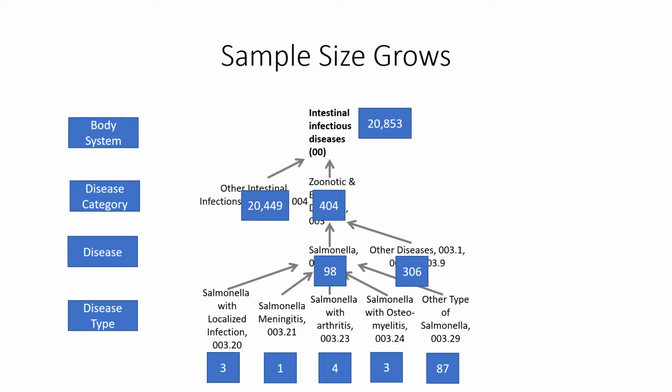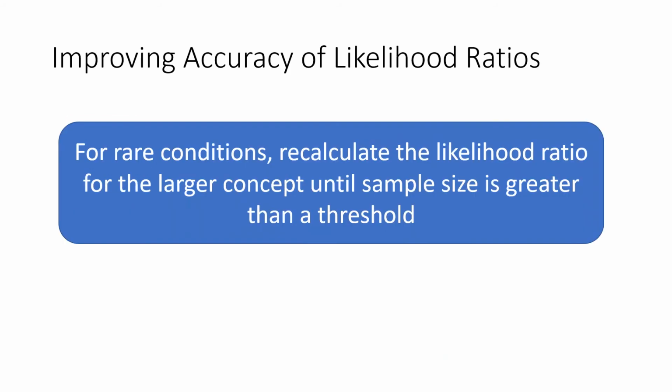If we go all the way to the body system, intestinal infectious diseases, we now have 20,853. For rare conditions, we can recalculate the likelihood ratio for the larger concept until sample size is greater than a threshold. That's the basic idea of ontological adjustment.